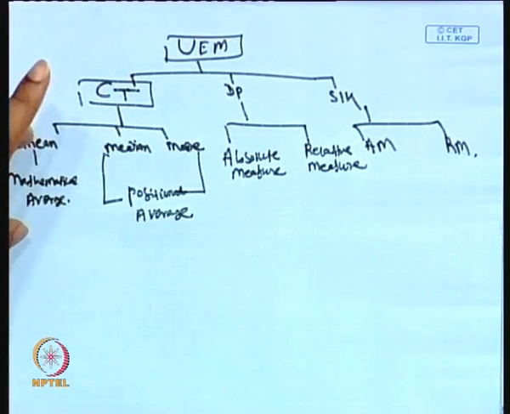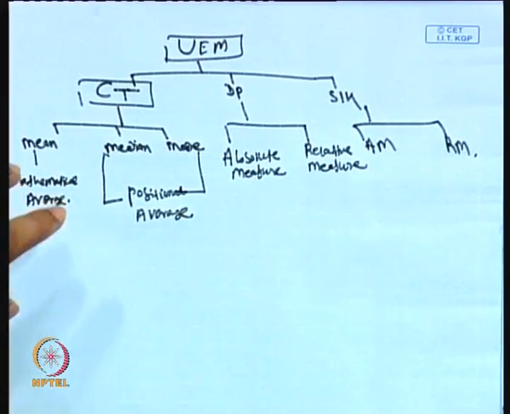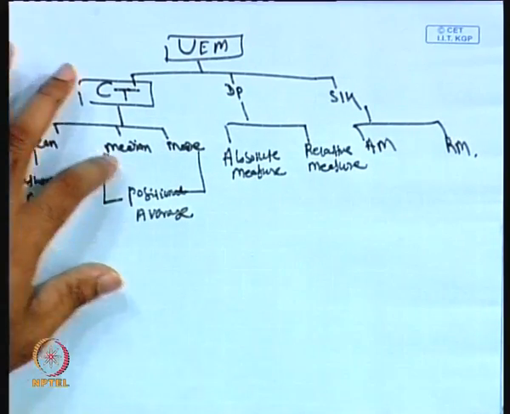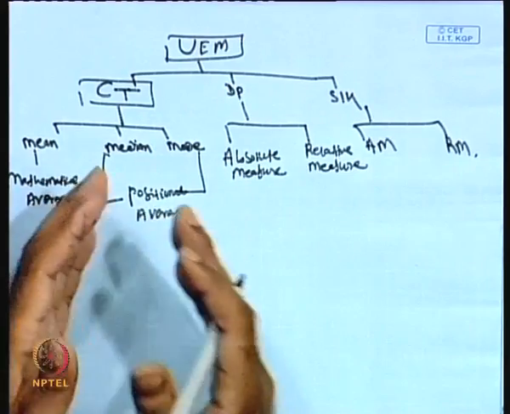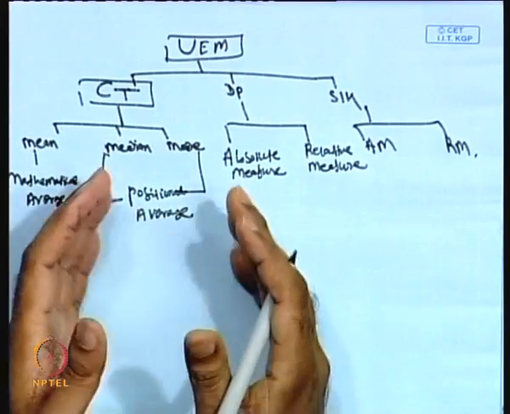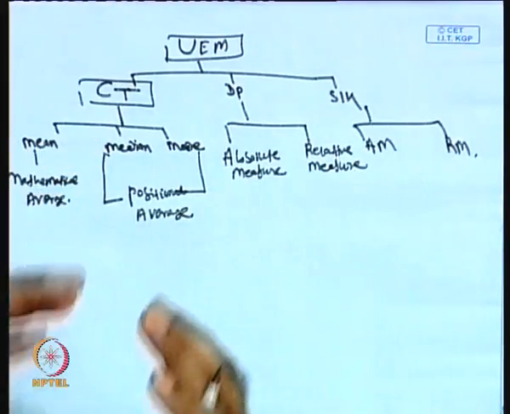So, under central tendency the objective can be evaluated through mean, median and mode. Median and mode are represented as positional averages, mean is represented as a mathematical average. On the other side, dispersion or variability of the information can be observed from an absolute angle and can be observed from a relative angle. Similarly, for skewness and kurtosis we can have the absolute issue and also the relative issue.